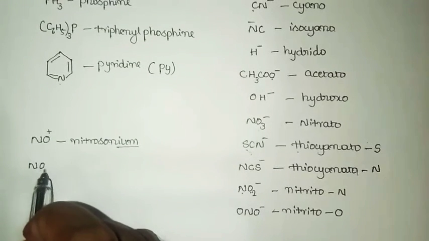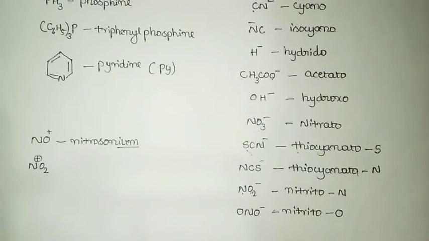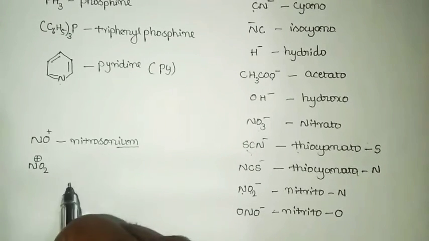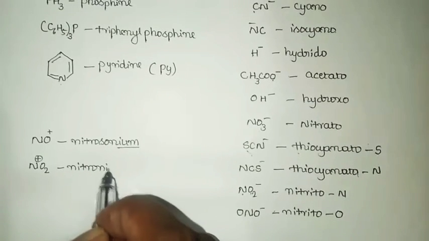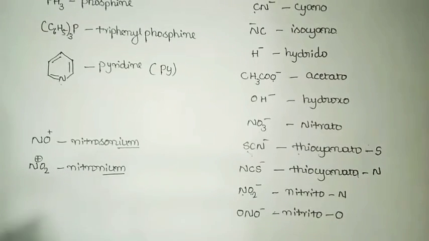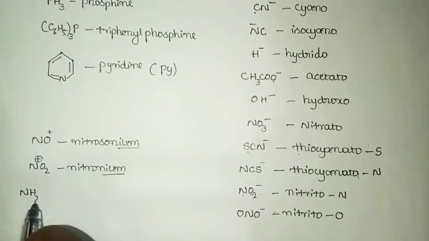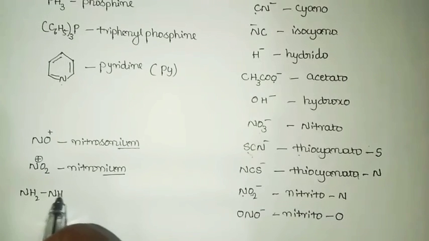Suppose it is NO2 plus, then it is called nitronium. Again, it is ending with the suffix IUM. Once again, one more, NH2NH3 plus.